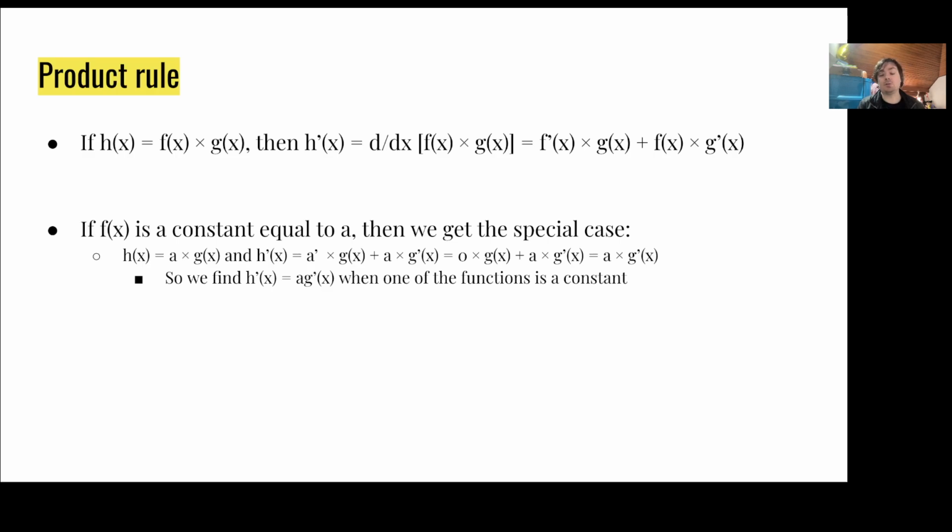So if you were to apply the product rule, say h of x equals a times g of x, then the derivative h prime of x would equal a prime times g of x plus a times g prime of x. Well, a prime just equals 0, so that first term goes away. So you end up with h prime of x equaling a times g prime of x. And so it's what we would expect.